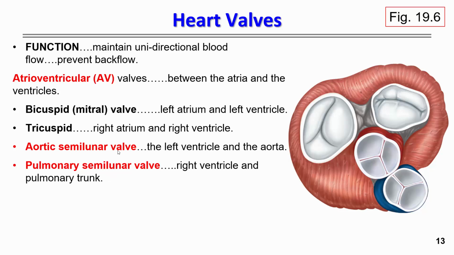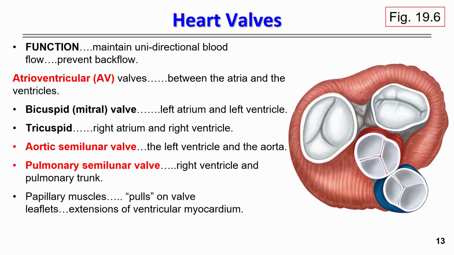So these two valves function in the same manner as the two atrioventricular valves, in that they will open into the aorta or the pulmonary trunk and will close, preventing blood from flowing back into the ventricles.